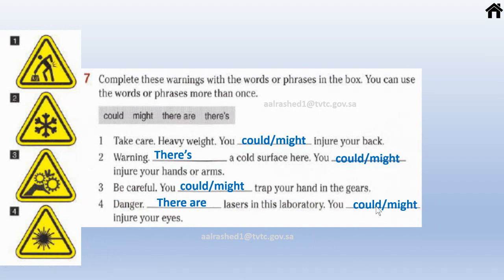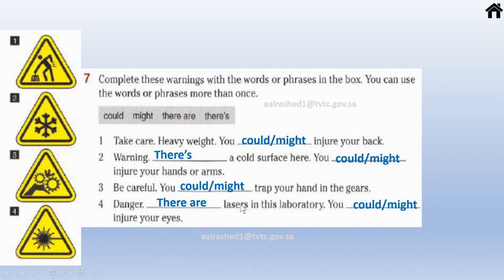But if you are sure that if you follow something and you are not willing to use could or might, you could use instead will. You will, if you're certain that this is what would happen, you would use you will injure. سوف تصاب. You will injure. Okay.